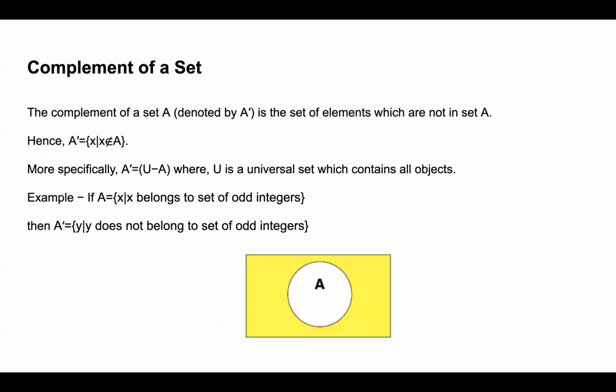It is a complement of a set. What is complement of a set? This is the new part. See, the complement of a set A denoted by A dash.